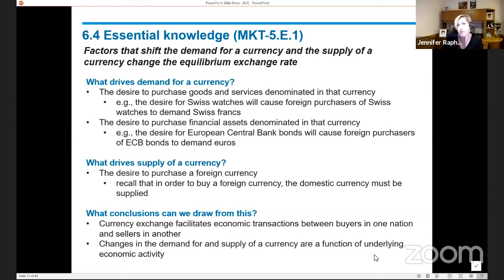So when you're asked about the effect of a change in economic conditions, or the effect of a change in policy on economic conditions, on the demand for or supply of currency and exchange rates, think about, okay, what is the economic activity? If you can really tease out how economic activity is a function of the change, that's really going to help send you in the right direction when it comes to using a Forex model to figure out what happens to the exchange rate.